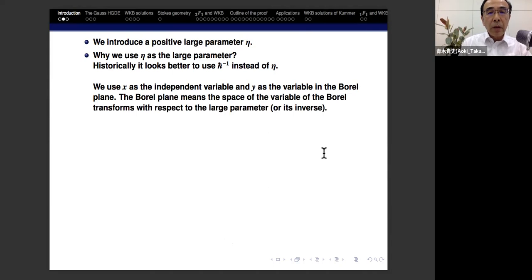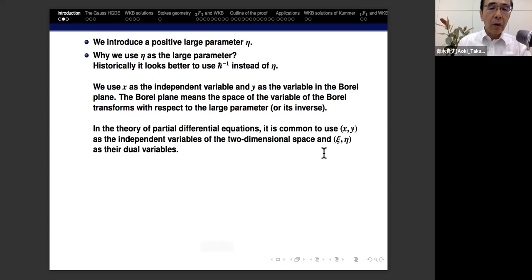The Borel plane means the space of the variable of the Borel transforms with respect to the large parameter or its inverse. In the theory of partial differential equations, it is common to use x, y as the independent variables of the two-dimensional space and xi, eta as their dual variables.